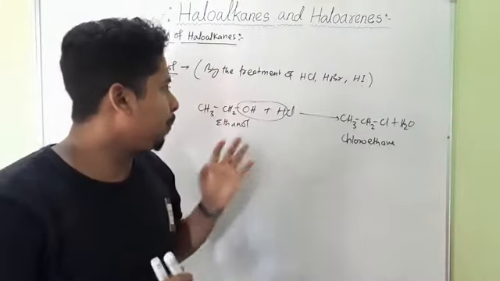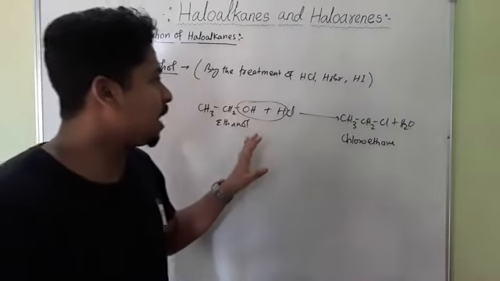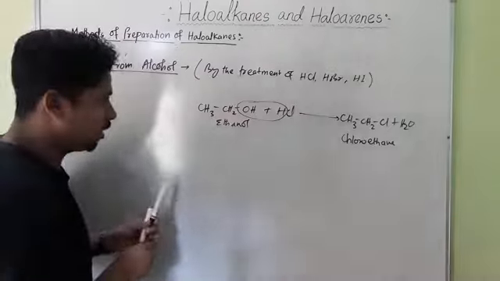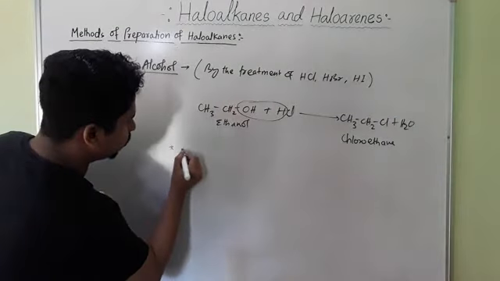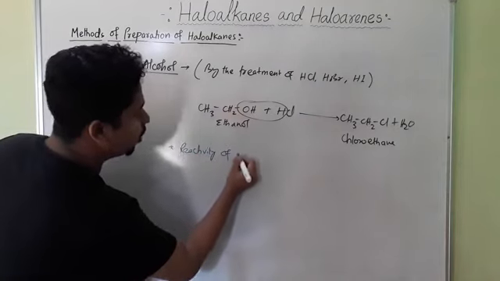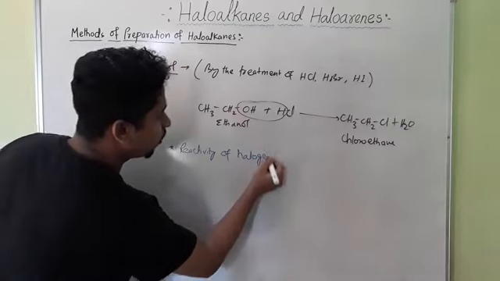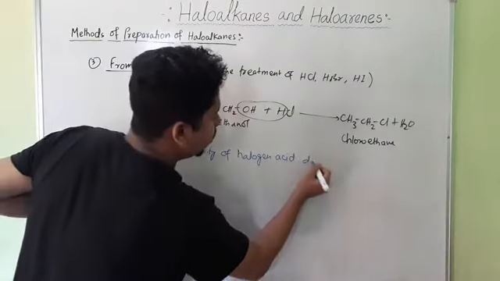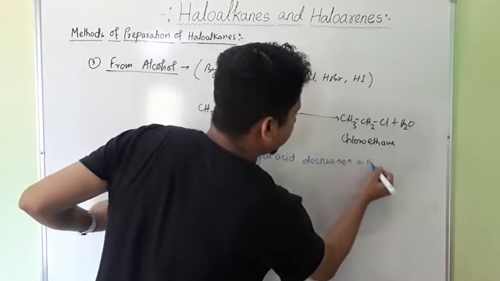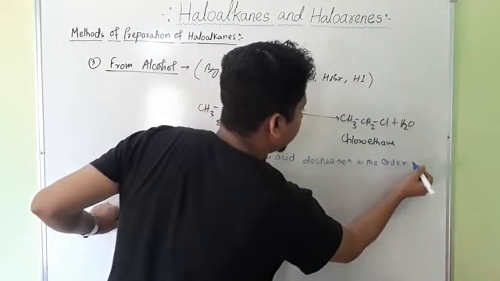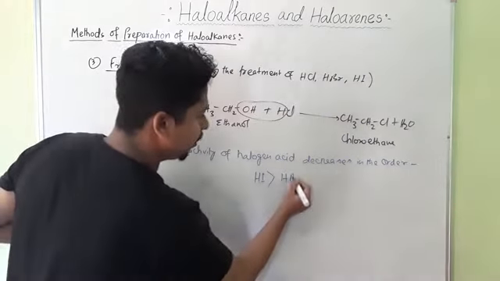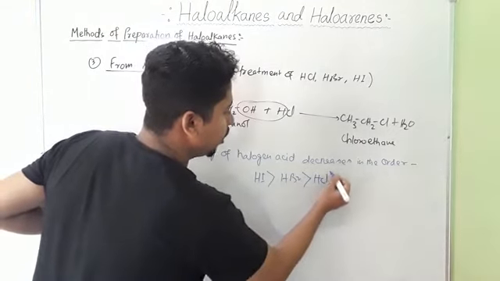One important thing is that the reactivity of the halogen acids, HCl, HBr, HI, varies. The reactivity of halogen acid decreases in the order HI, then HBr, then HCl, then HF.